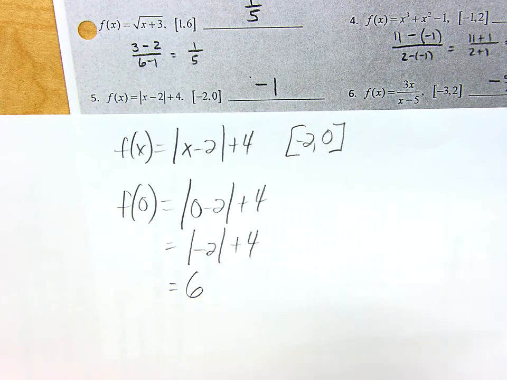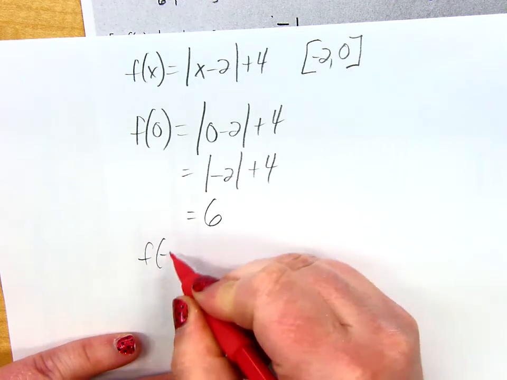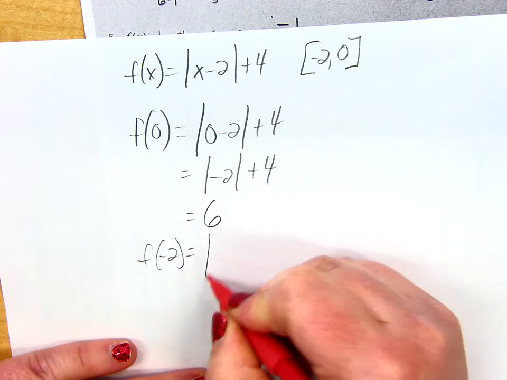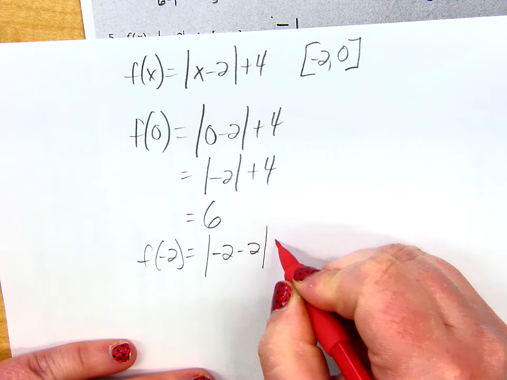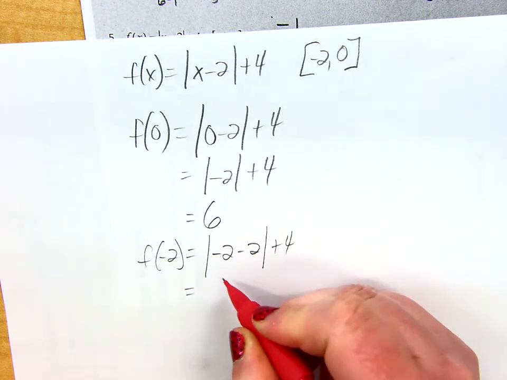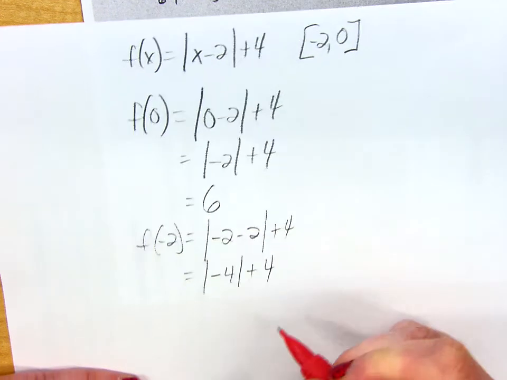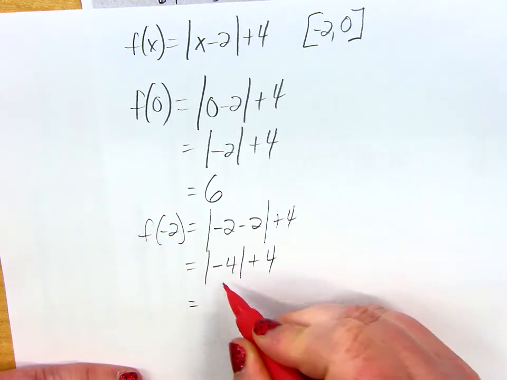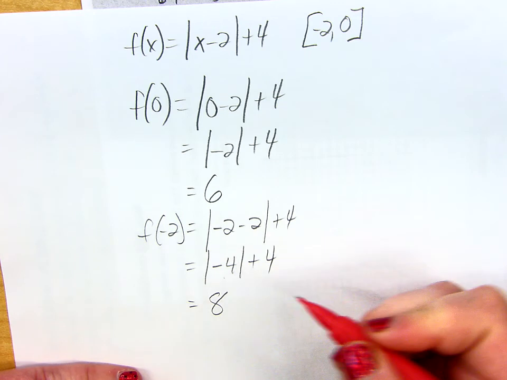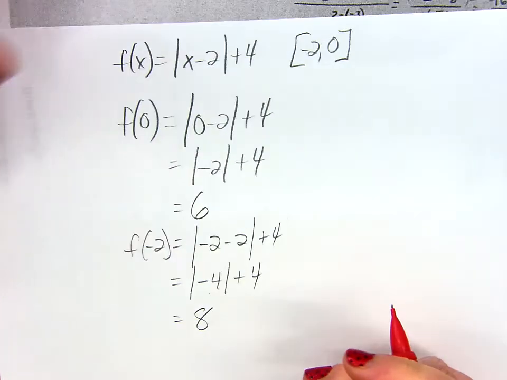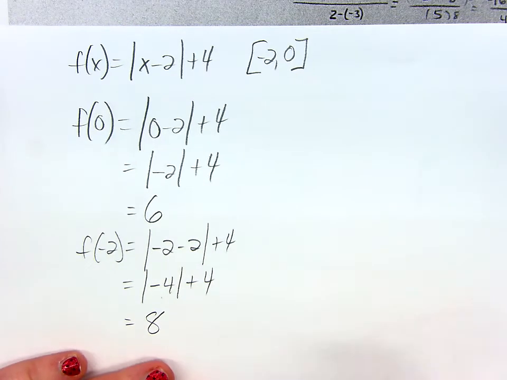Okay, so I have that one. Now I do f of negative 2. Let's see what comes out. Negative 2 minus 2 plus 4. So that's going to get me a negative 4 in there. What's the absolute value of negative 4? 4. 4 plus 4 gets me an 8. So, great, I have those two values. So now let's just pop them into that formula.